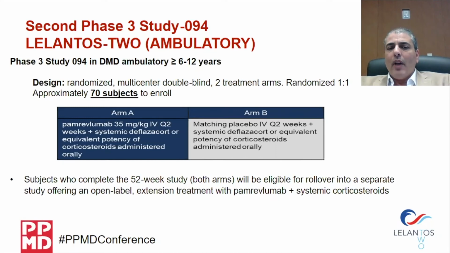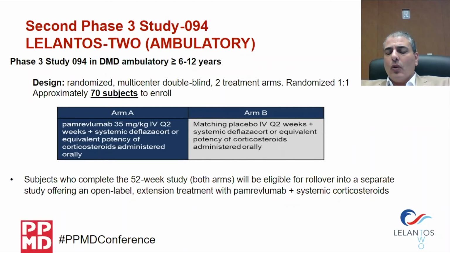The ambulatory trial is a phase 3 study. We are targeting 70 patients at 35 sites across the globe, in the US, Europe, and Australia. Arm A will be Pamrevlumab, 35 milligrams per kilogram, biweekly, plus systemic deflazacort or equivalent steroids. Arm B will be matching placebo, biweekly, plus systemic steroid as well.